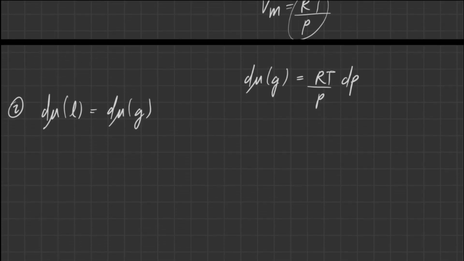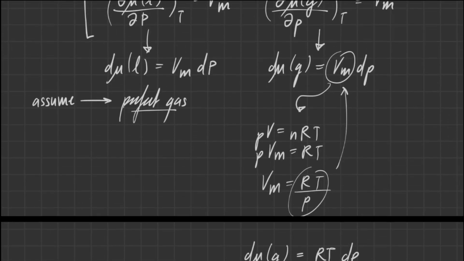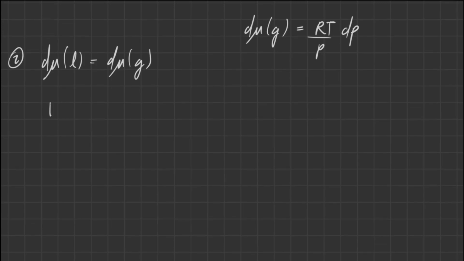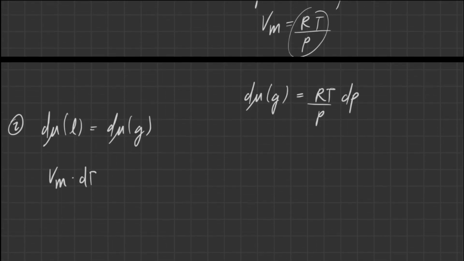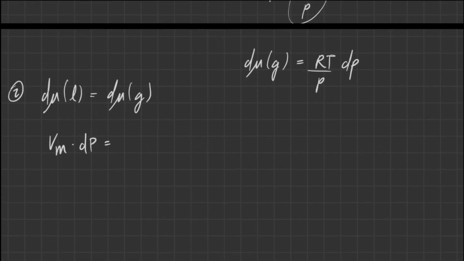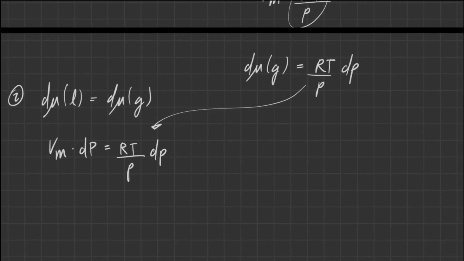So d mu L is equal to the molar volume times the change in applied pressure, the pressure experienced by the liquid, is equal to this value, RT over P dP. So we have this.